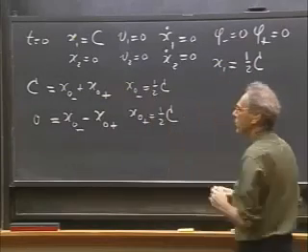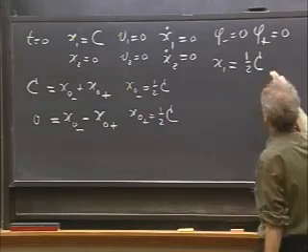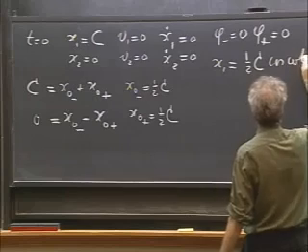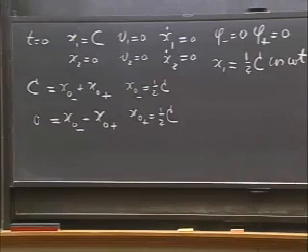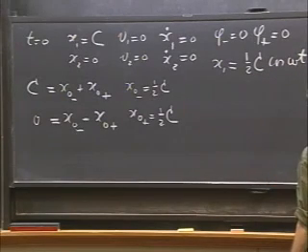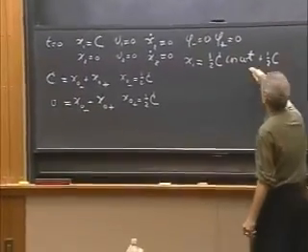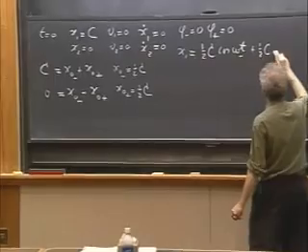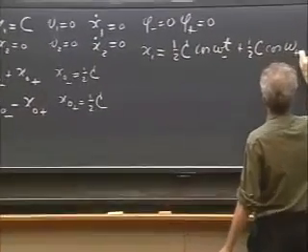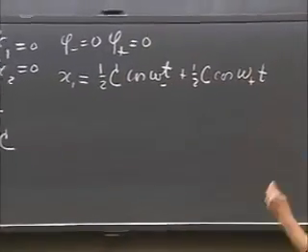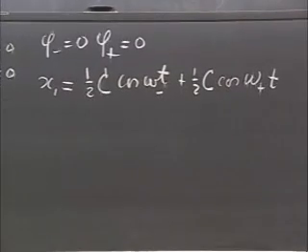Remember, we found that it's 1/2 c times the cosine of omega minus t, because phi is 0, plus 1/2 c times, this is a minus, by the way, cosine omega plus t. That is x1.